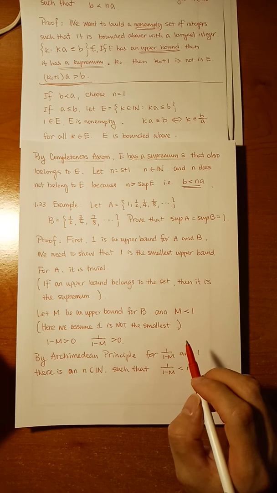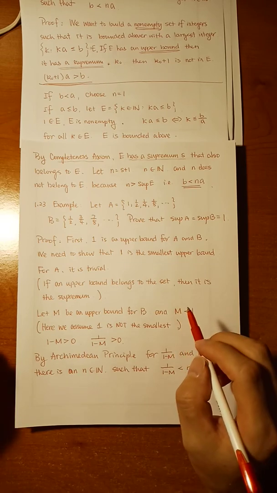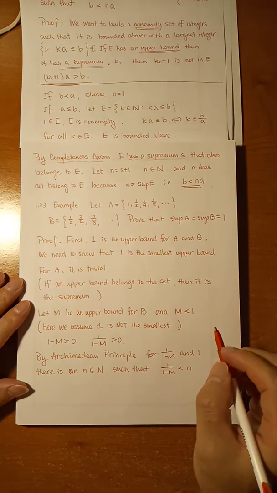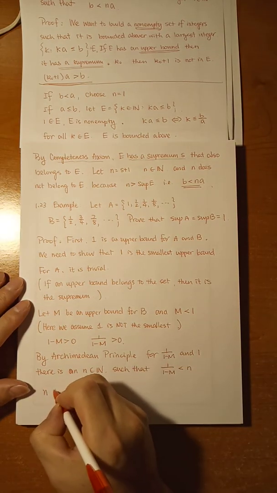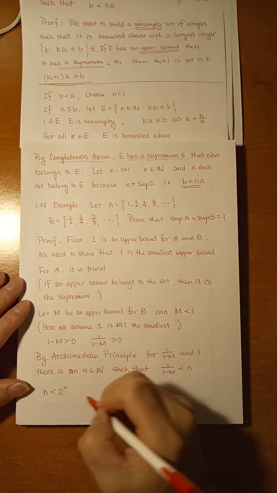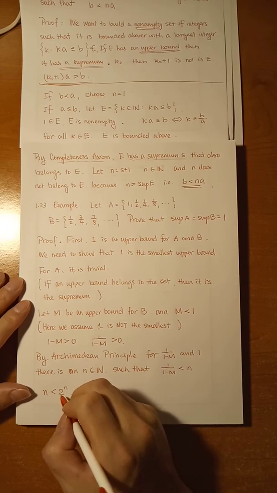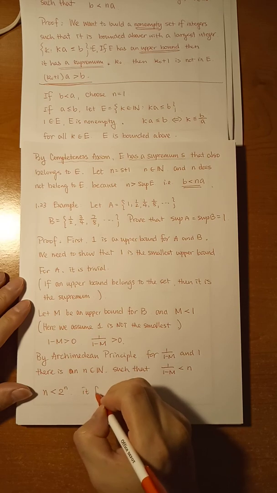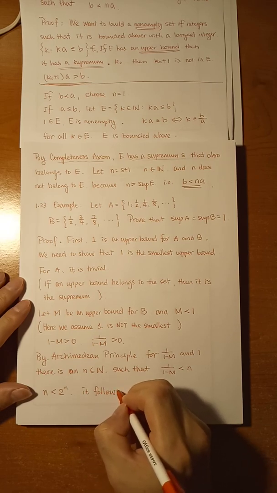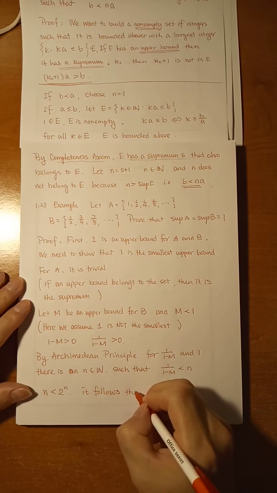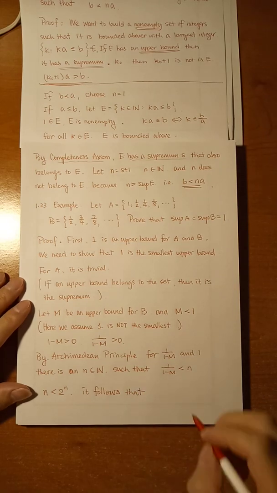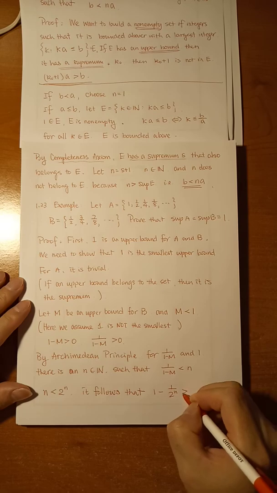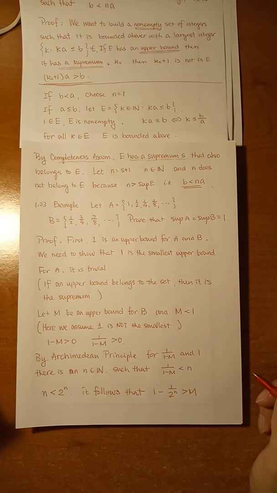And if you do the exercise, remember, we have the conclusion that n is always less than 2 to the n. So it follows that 1 minus 1 over 2 to the n is greater than M. How do we do that?